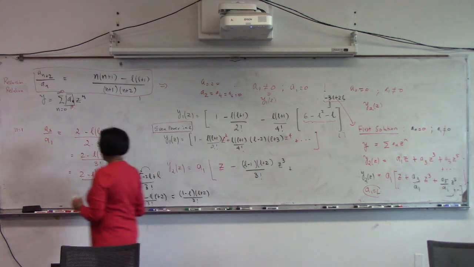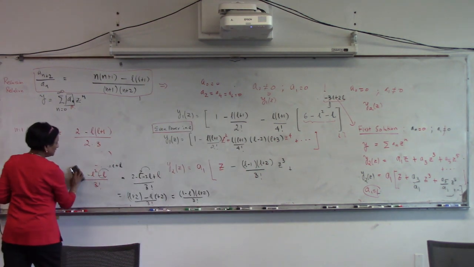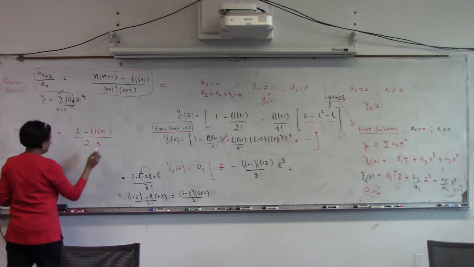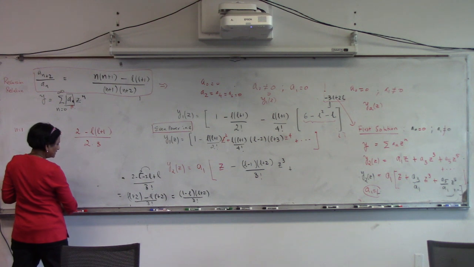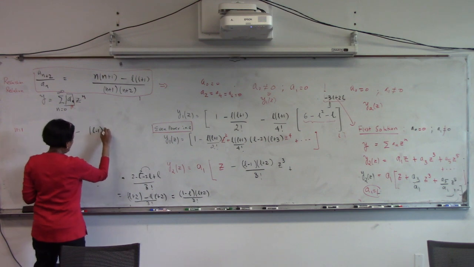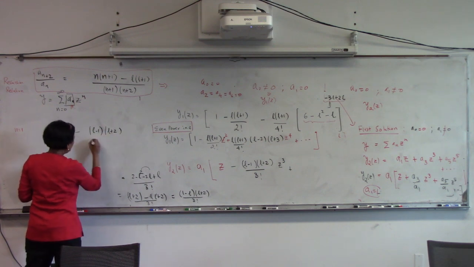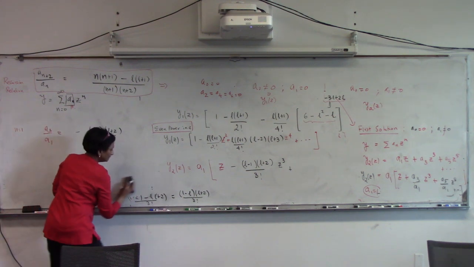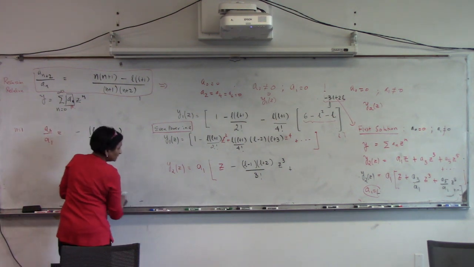All right, let's calculate one more. So this became, let me just write this down so that I don't lose it. Negative L minus 1 times L plus 2 divided by 3 factorial. All right.